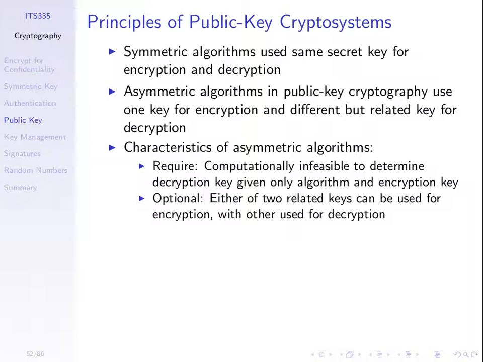Symmetric key encryption algorithms use the same key for encryption and decryption. Asymmetric algorithms use one key for encryption and a different but related key for decryption. In symmetric key encryption, if I ask you to choose a secret key, how would you choose that secret key?